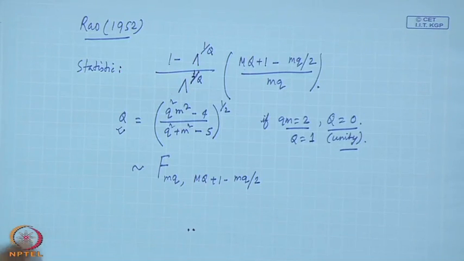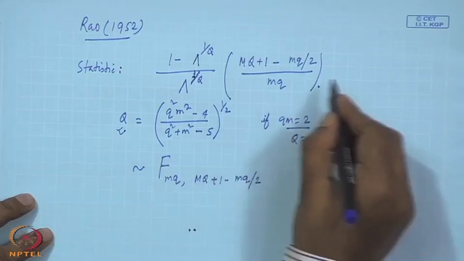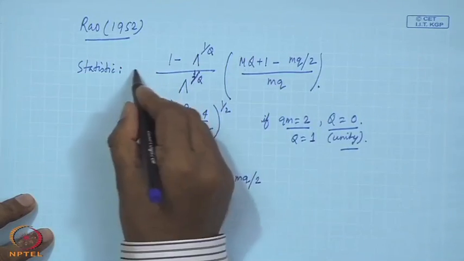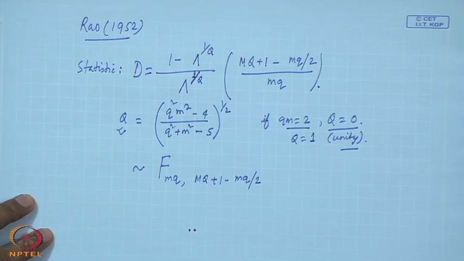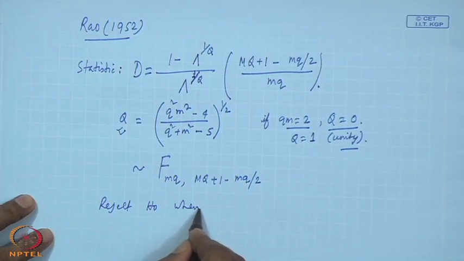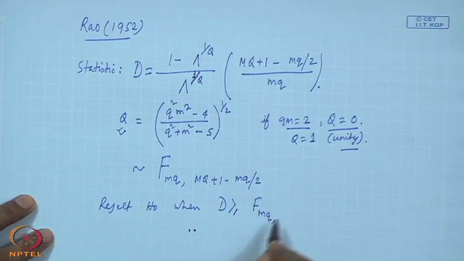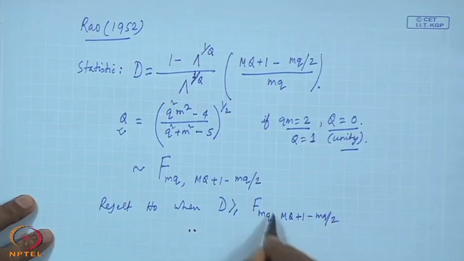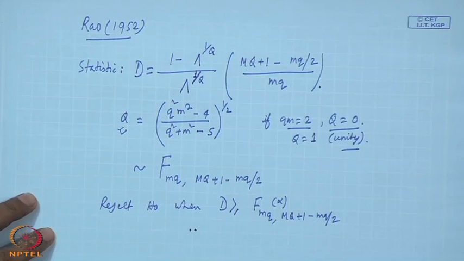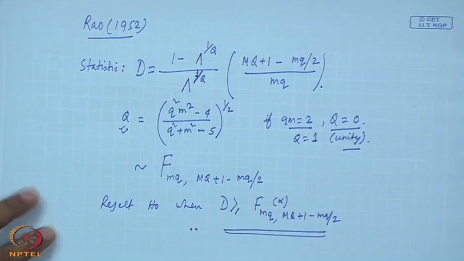So, when do you reject the null hypothesis? If I say this statistic, this total value, is d, then you reject H0 when d is greater than or equal to the F value with mq and mq plus 1 minus mq by 2 degrees of freedom at the alpha probability value. Okay.